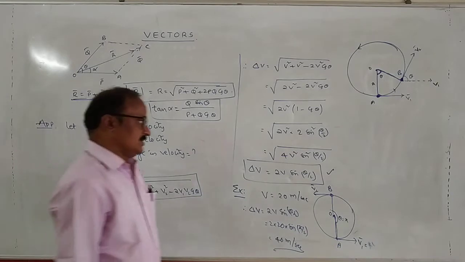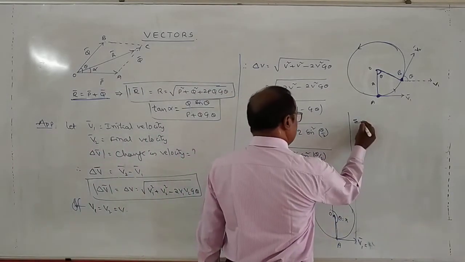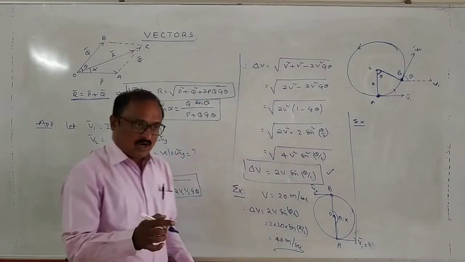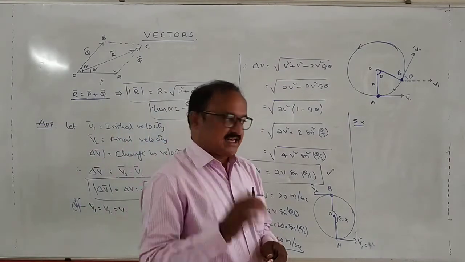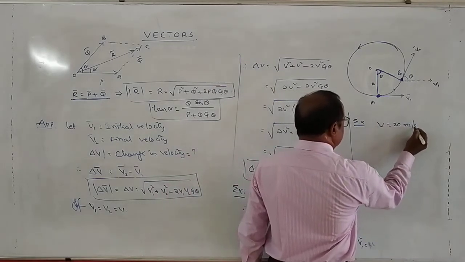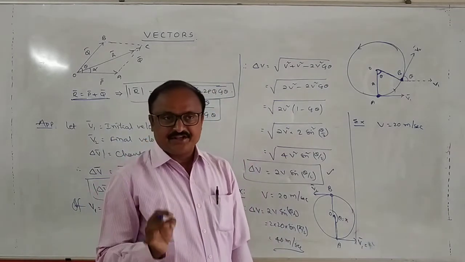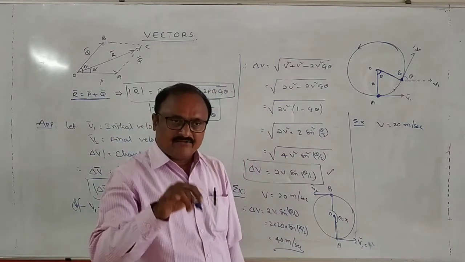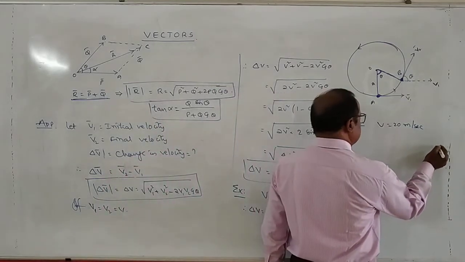Again, in the same example, let a body move along a circular path with a constant speed of 20 meter per second. Then find the magnitude of change in velocity if it completes a quarter, one part of the circle.